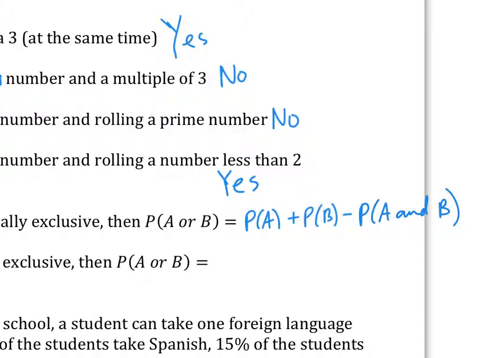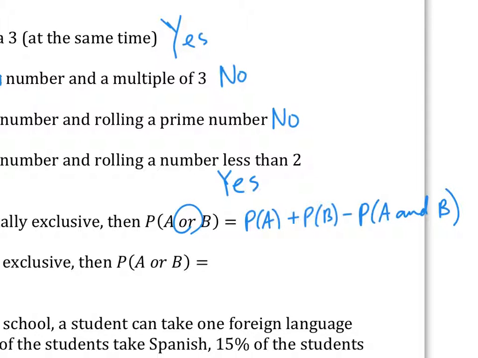A or B, kind of like our homework problem, yellow or not green, means that either one is okay. So when you see or, you're going to add the probability.